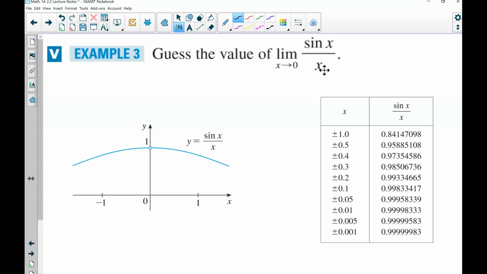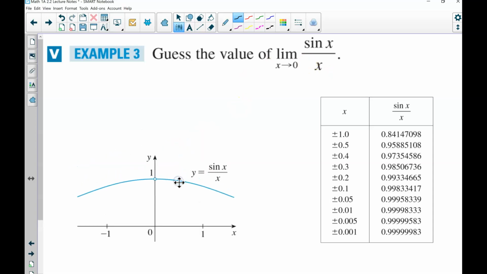If we look at the function f of x equals sine of x over x, where is it undefined? Well, it's undefined when x is equal to 0. So that means that's the restriction.